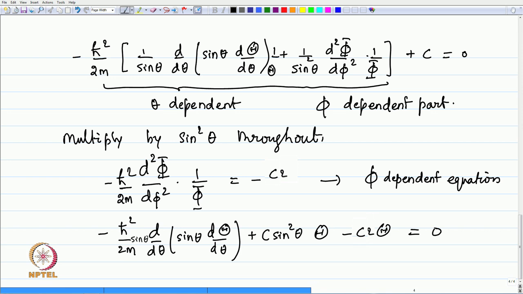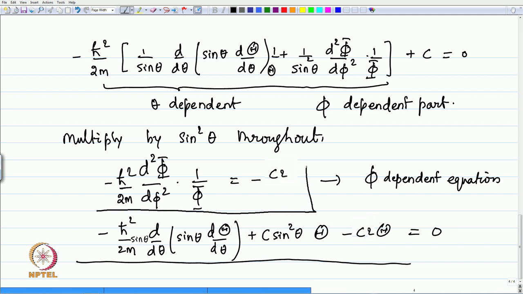So, that would be c sin square theta minus m square theta is equal to 0. So, this would be the theta dependent equation, and this would be the phi dependent equation.